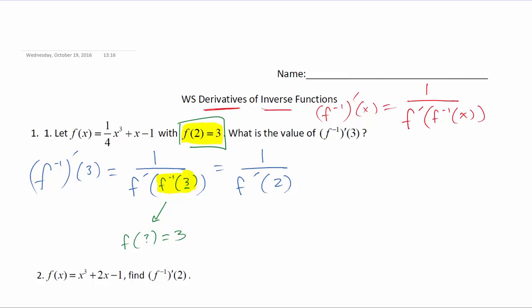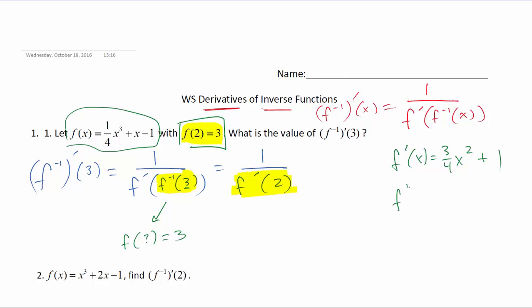Now the next thing is to find f prime of 2. In order to find f prime of 2, we need to find what the derivative of f is. That's not that difficult. Since f of x equals 1/4 x cubed plus x minus 1, and that's just a polynomial, we can use the power rule. F prime of x equals 3/4 x squared plus 1.